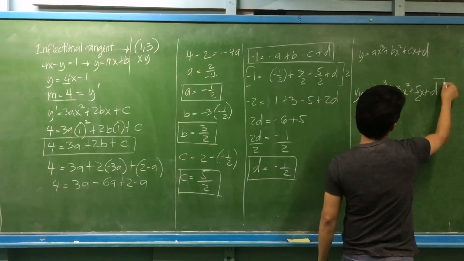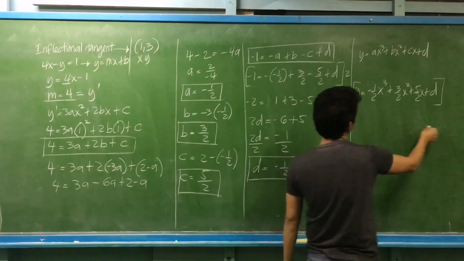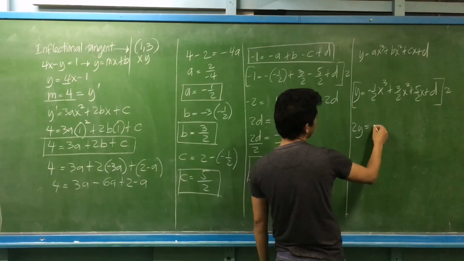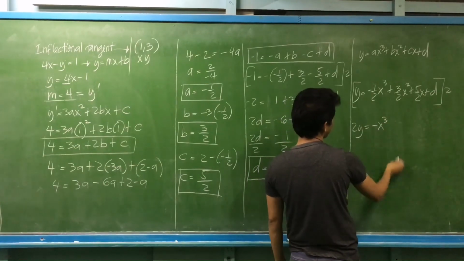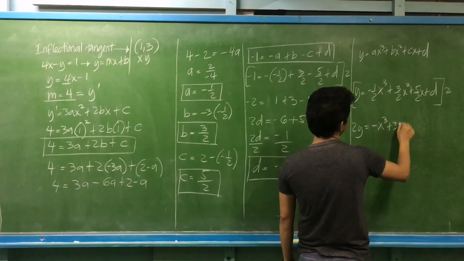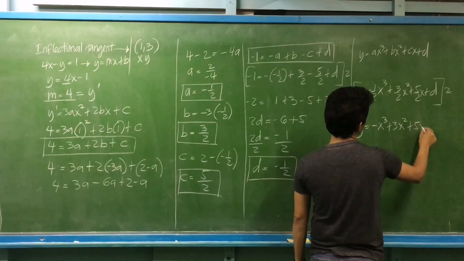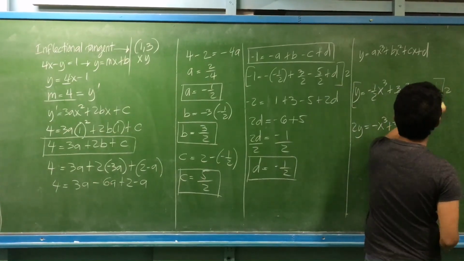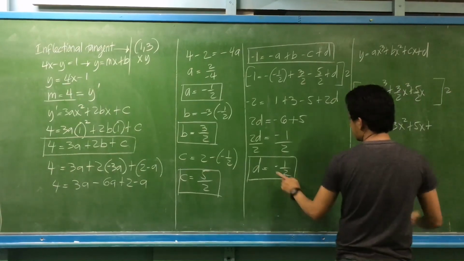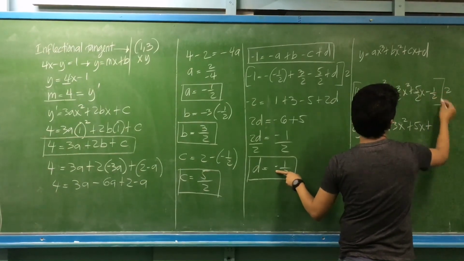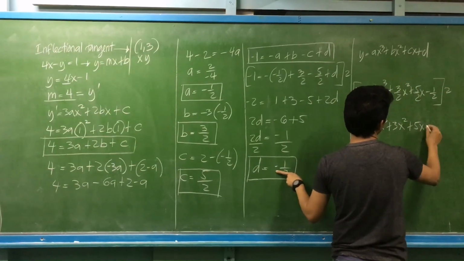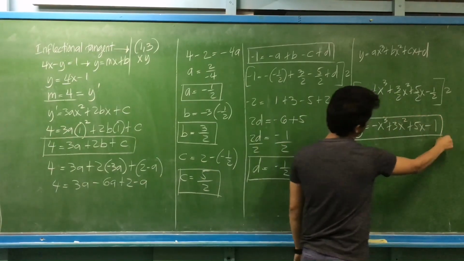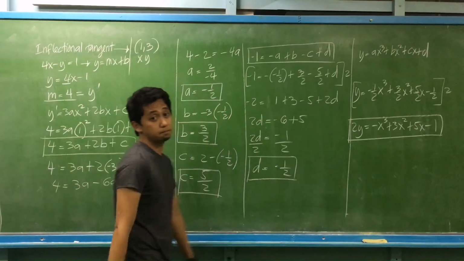We may eliminate the denominators by multiplying by 2. The equation is 2y equal to negative x cubed plus 3x squared plus 5x, plus the value of d, which is negative 1 half, so this is minus 1.